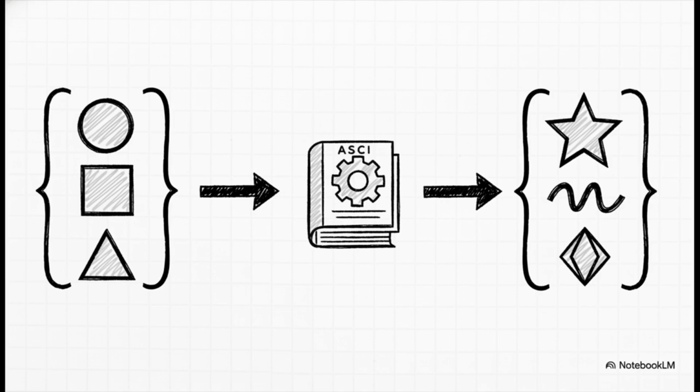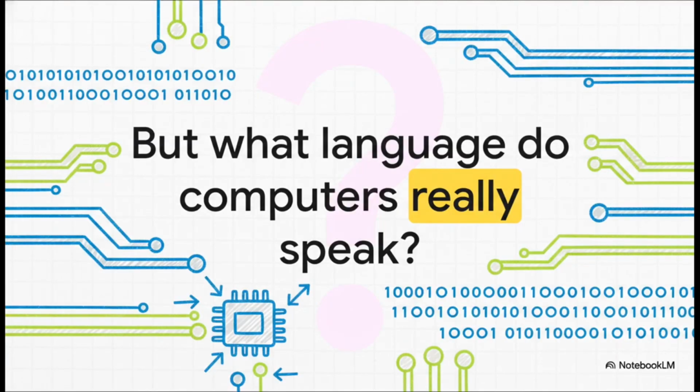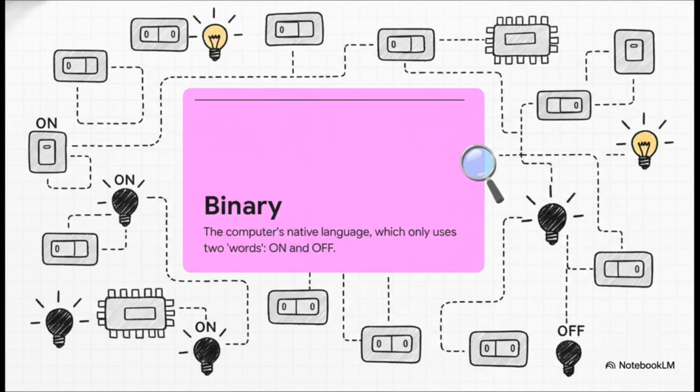Well, not quite. Because there's an even deeper, more fundamental language that computers are built on. It's not letters, and it's not even numbers like 67 or 84. The computer's one true language is called binary. And it's shockingly simple. It only has 2 words, on and off. That's it. Why? Well, for an electronic circuit, it's the most reliable way to communicate.